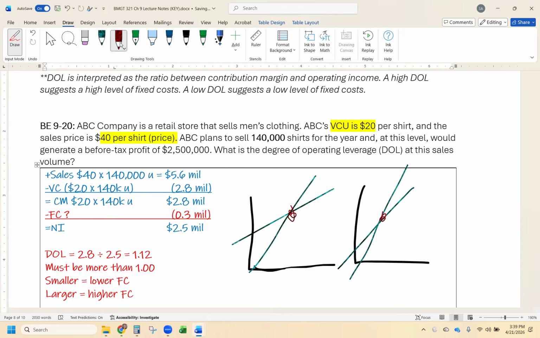So they're trying to illustrate the difference between high fixed costs and high variable costs. If you want to have a low-cost leadership strategy, then you're going to want to try to have as much fixed costs as possible. Low-cost leadership requires low variable costs.